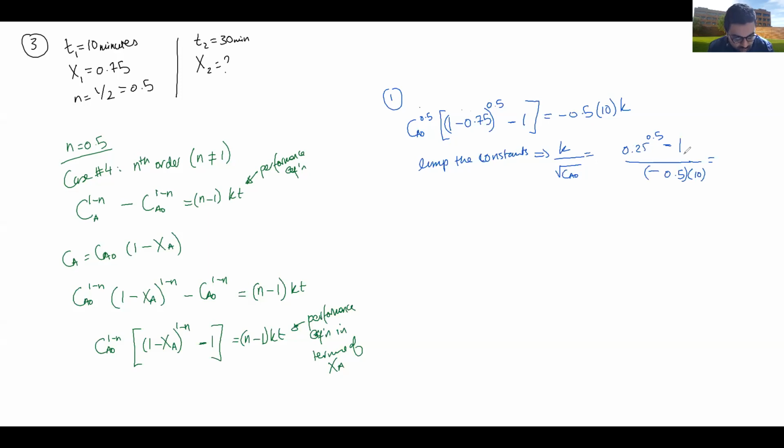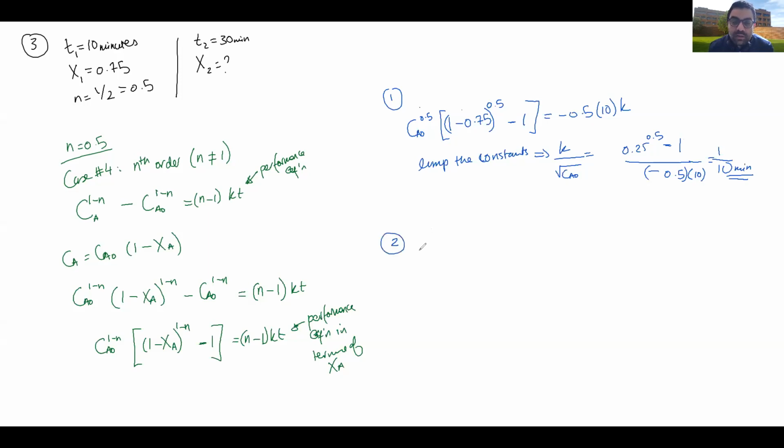And this should give you a number. Let's try and evaluate it right here. What's the square root of 0.25? So we get 0.5, minus 1. So this will be 1 over 10, basically, right? So this will be 1 over 10 minutes. And this is k divided by square root of CA naught.